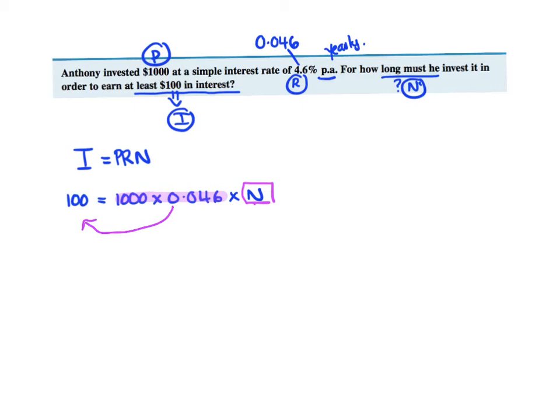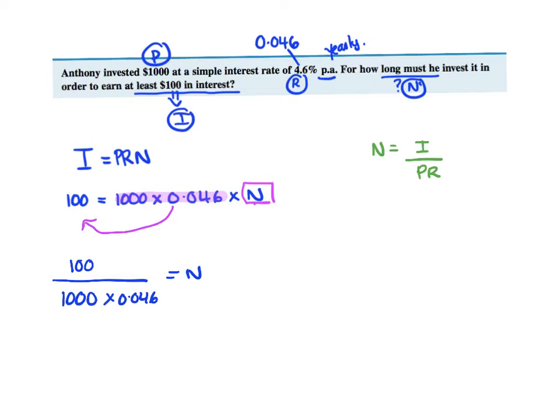So if it was timesing on one side of an equal sign, it actually divides on the other side. So it'd be 1,000 divided by these two, like that, equals N. So really, we could even write out little formulas to show. So if we're asked to find N, it actually equals I divided by PR.